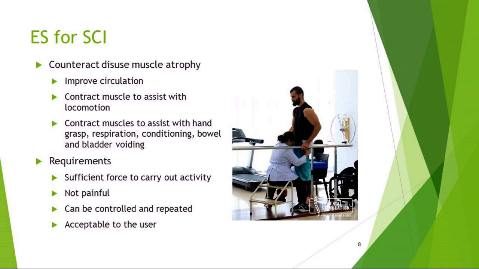So obviously those are all specific functional treatments. A lot of times in my clinic what we use is a functional electrical stim bike to improve circulation and counteract disuse atrophy.